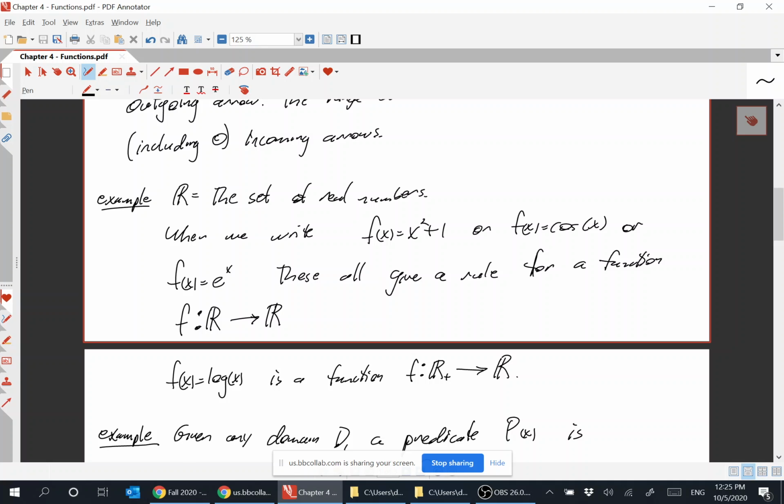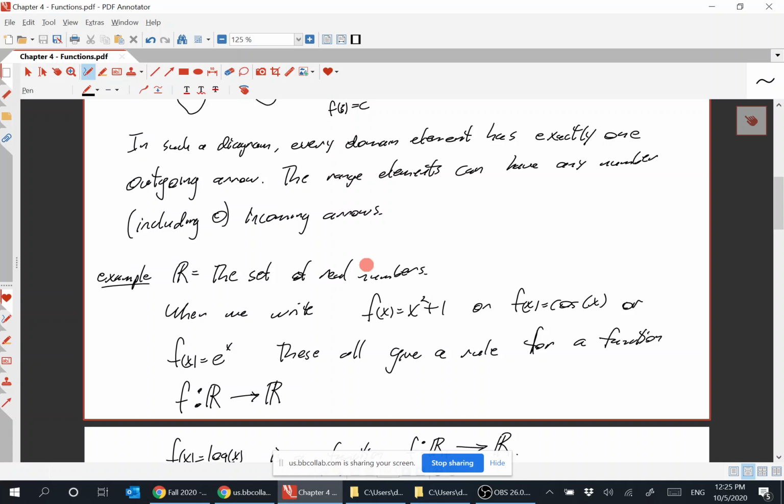So, we had another example here. If R is the set of real numbers, like from calculus, pre-calculus, and your high school algebra classes, when you start talking about functions, you start talking about functions defined arithmetically, typically from the real numbers to the real numbers.